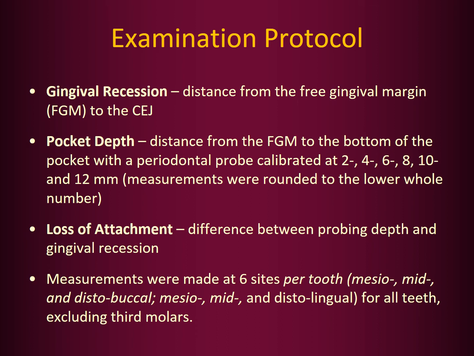They measured the mesial, distal, and mid-buccal surfaces, and the mesial, distal, and mid-lingual surfaces for all teeth, excluding third molars. So every tooth that was present was evaluated. People included in the survey were anyone who had at least one tooth present. People who were edentulous were not included because this was, again, an evaluation of periodontal disease.